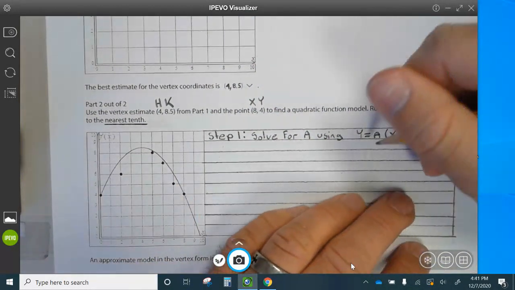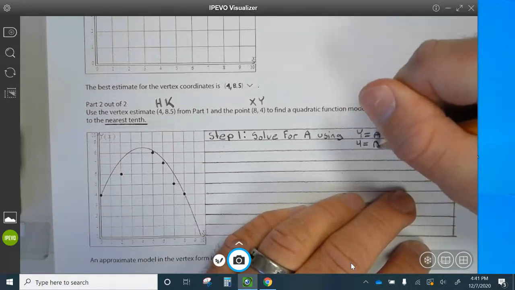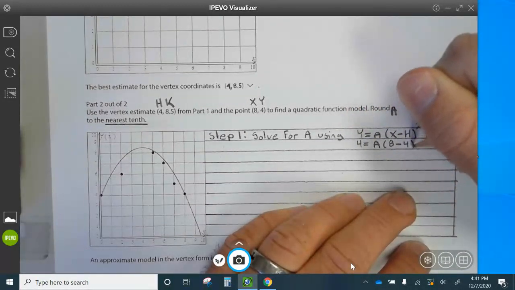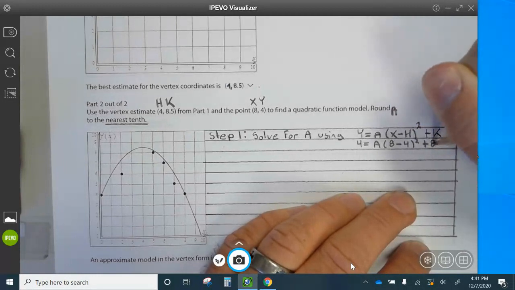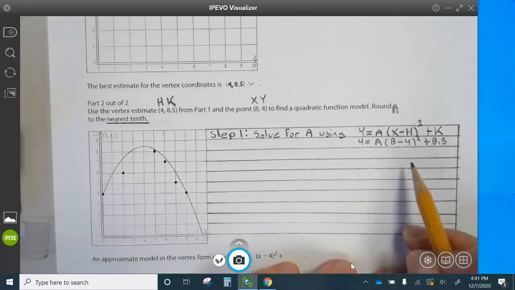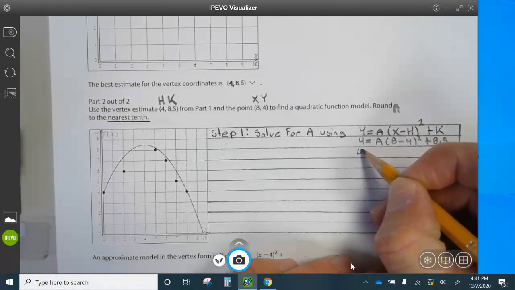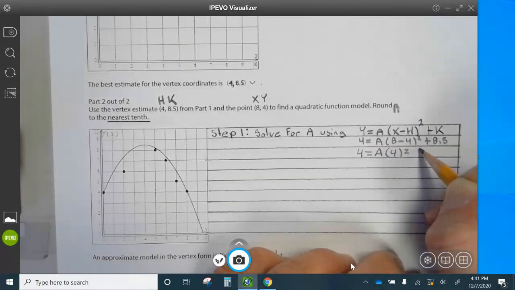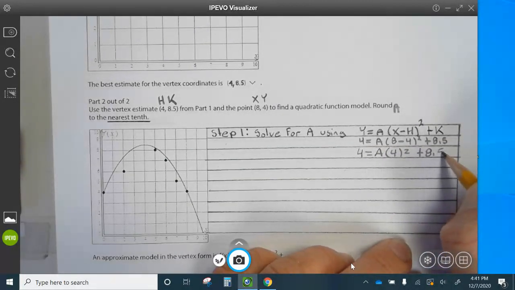So y is 4 equals A parentheses x, which is 8, minus h, which is 4, squared, plus 8.5. Now, 8 minus 4 is 4, so that's 4 equals A parentheses 4 squared, plus 8.5.